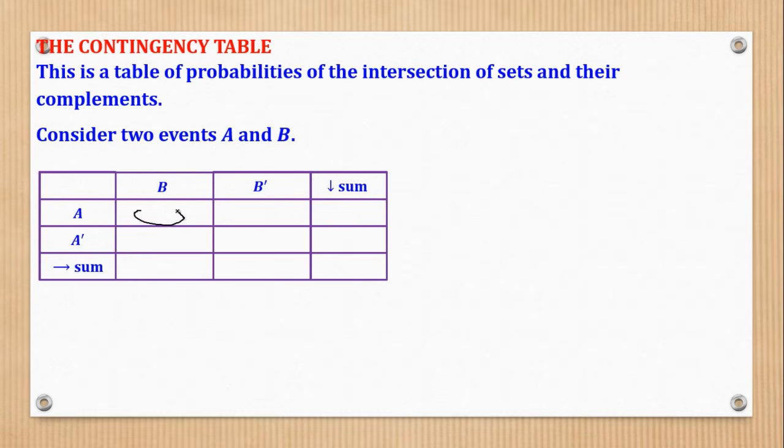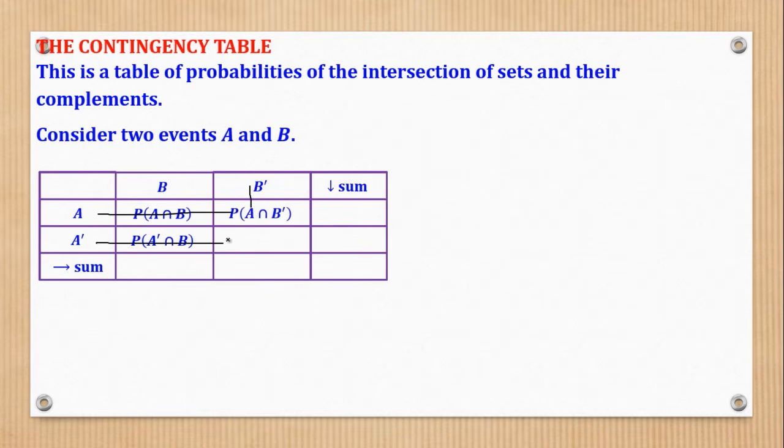Now here it means that we are going to combine A and B, so we shall put A intersection B. Then here we are going to combine A complement and B, therefore we shall write A complement intersection B. And here we shall combine A with B complement and write A intersection B complement.